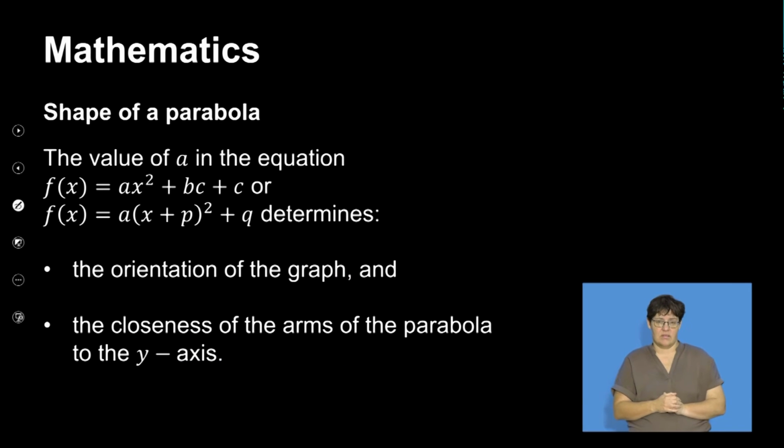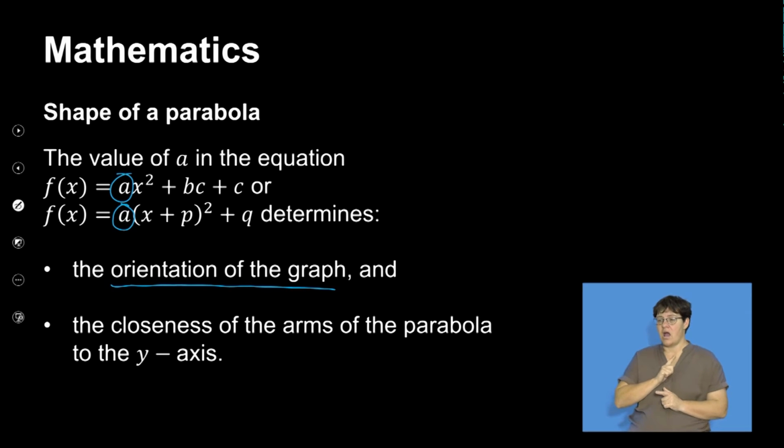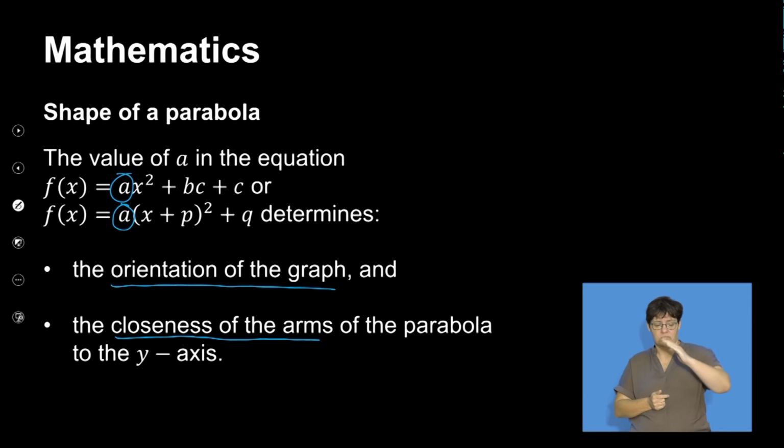Now, the value of a in the equation, because we still need to know what exactly this a tells us, right? The others are constants, yes. Even a is a constant, but it tells us what the orientation of the graph is, and it also tells us the closeness of the arms of the parabola to the y-axis.